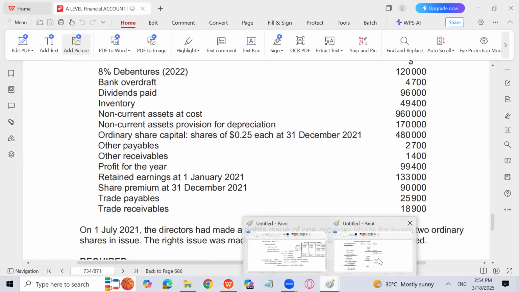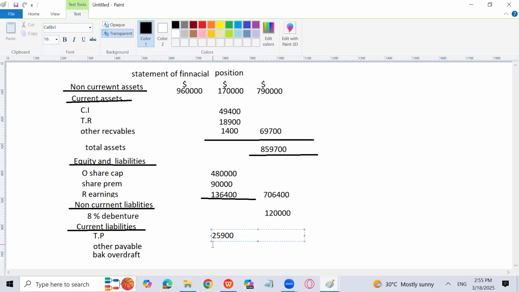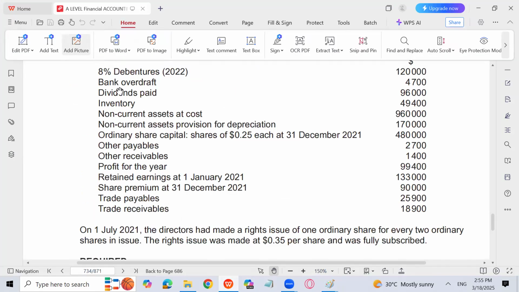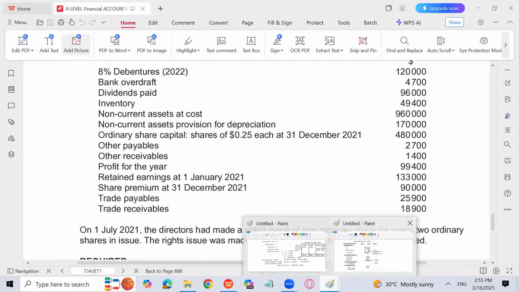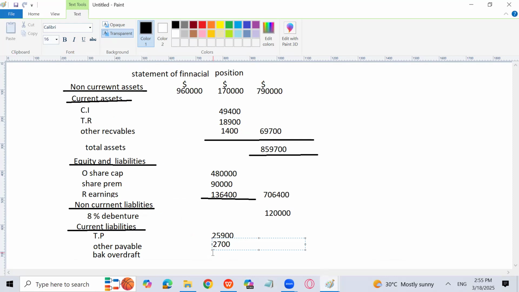There is no change in the amounts of the balance sheet. That's why I told you that preparation of balance sheet is easy. The statement of financial position is going to be prepared in a very simple form. Bank overdraft is given, and that is 4,700.